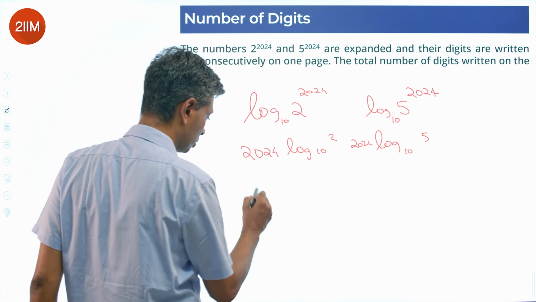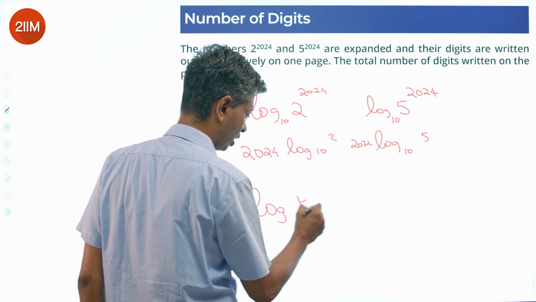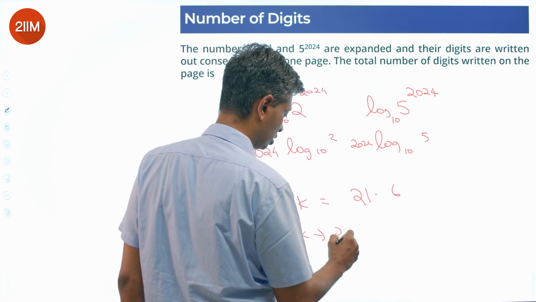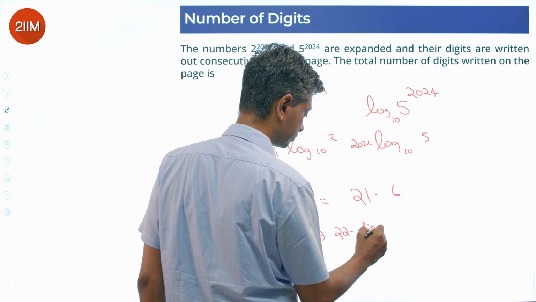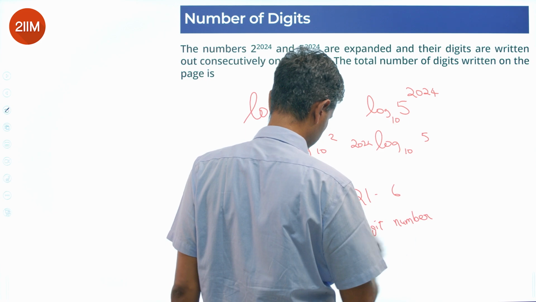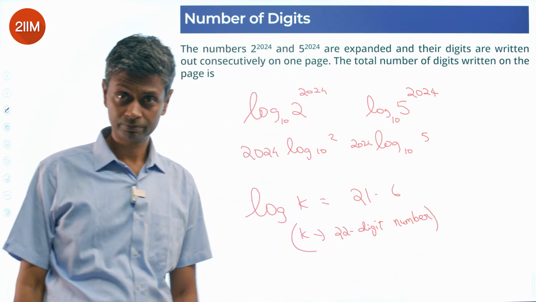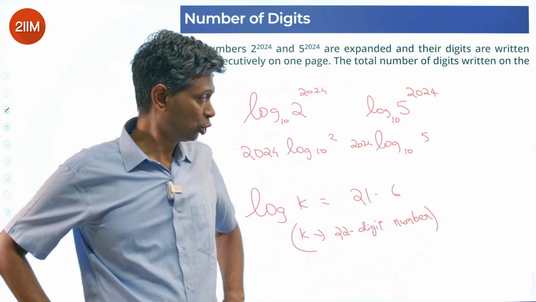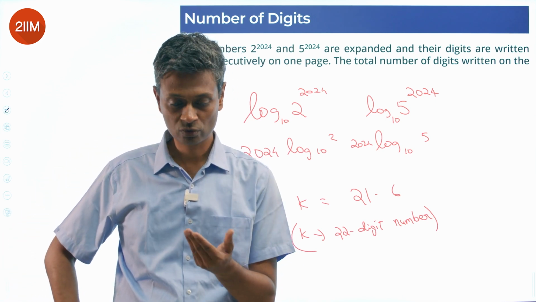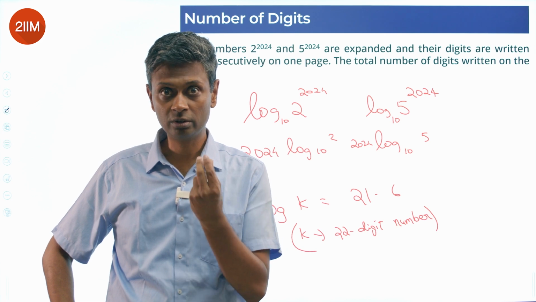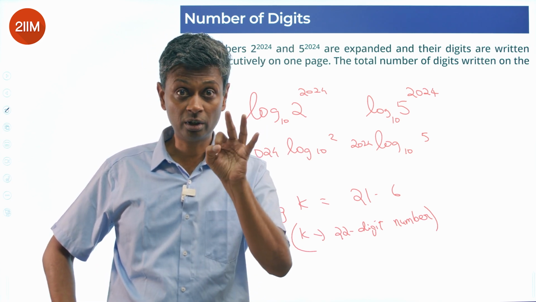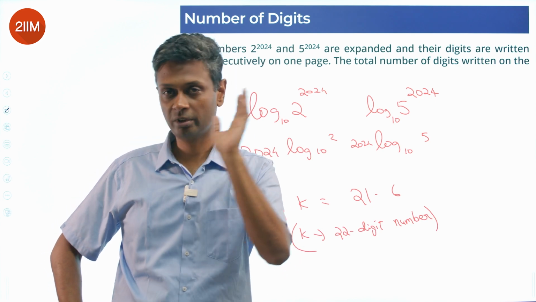If log k is 21.6, then k is a 22-digit number. Very simple idea. Because 10 squared is 100, 10 cubed is 1000. So 10^2.something will be between 100 and 1000, a 3-digit number. Any 3-digit number, its log will be 2 point something.